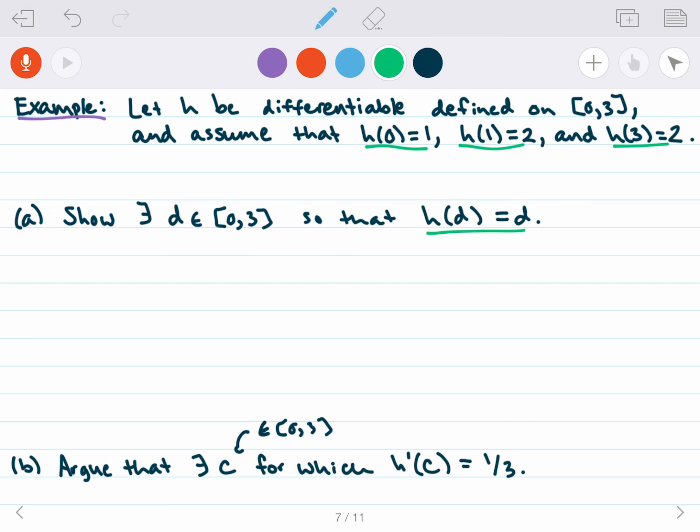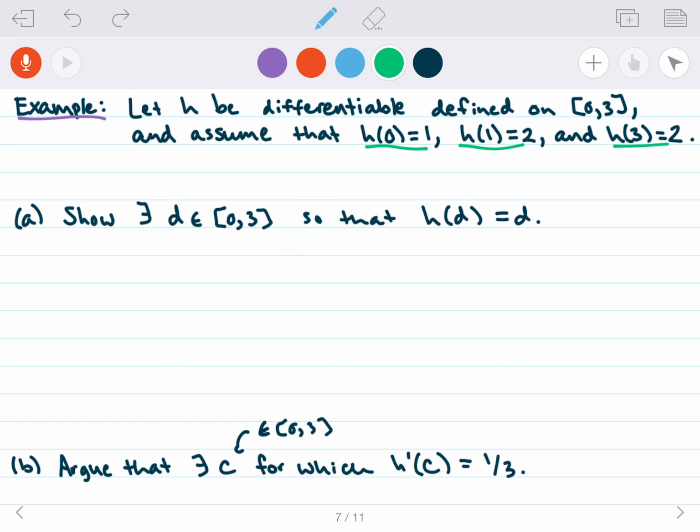Well, we know that h of 0 is not equal to 0. We also know that h of 3 is not equal to 3. So this becomes finding something in the open interval from 0 to 3 that has this property. So I think I assigned you a problem kind of similar to this, but let's just go through it. I think this was maybe last week with our intermediate value stuff.